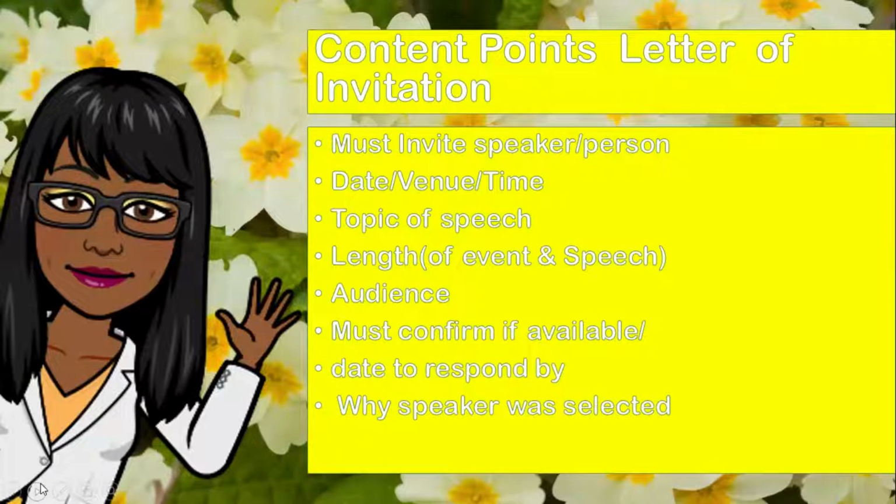Okay, you have to be very, very specific. Even include the day there if you're able to. And of course, why the person was selected. I noticed that you have a girls club and you're a very eloquent speaker, so we wanted to invite you. You want to indicate some reasons why the person would have been selected to be a part of your program.